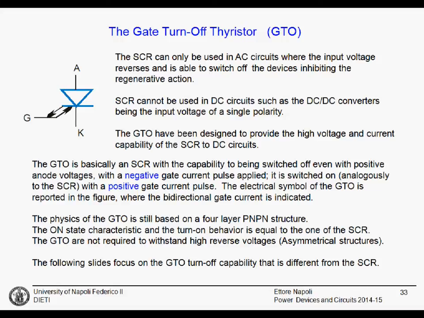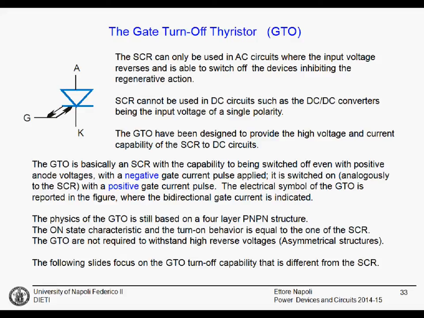The electrical symbol for the GTO is the one in this figure, and as you can see, there is this double arrow here that indicates the bidirectional gate current that is able to switch the device on and off. From the physics point of view, the GTO is still based on a 4-layer NPN-PN structure.